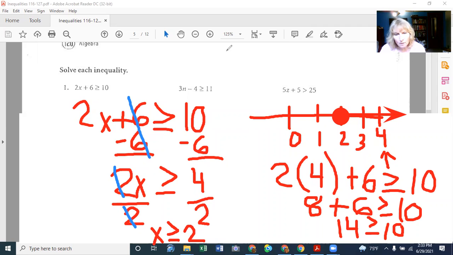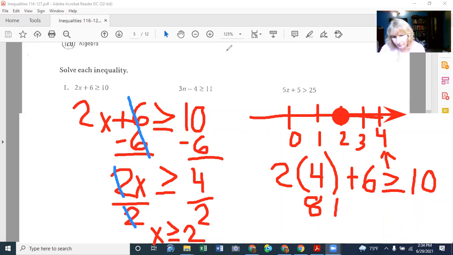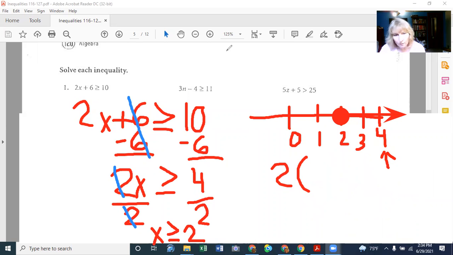So let's put in 2. Just undo all this and try 2 this next time. Okay, let's put 2 in there instead because it says that 2 should also work. So 2 times 2 plus 6 should be greater than or equal to 10.